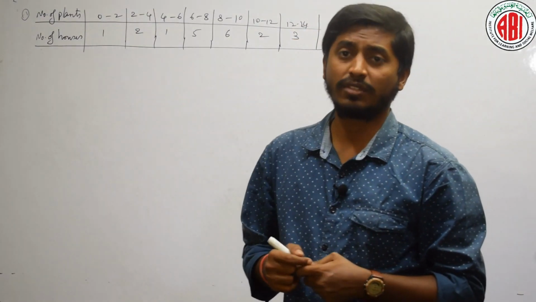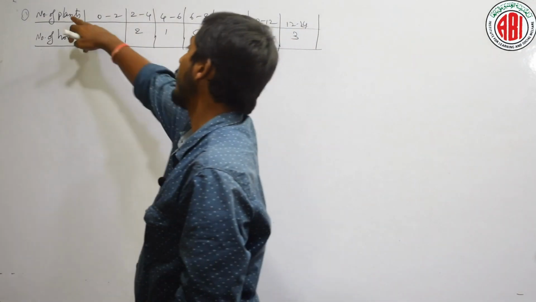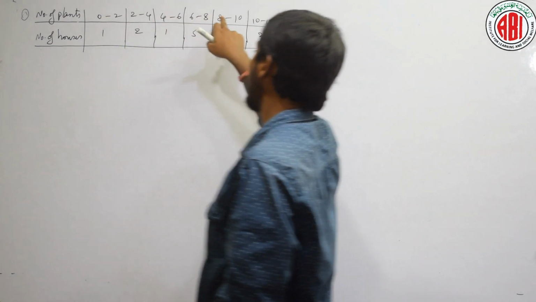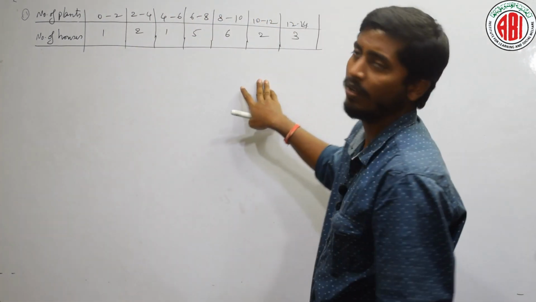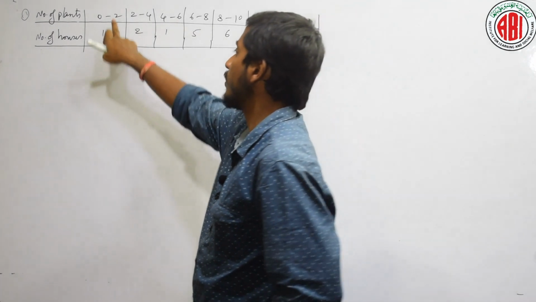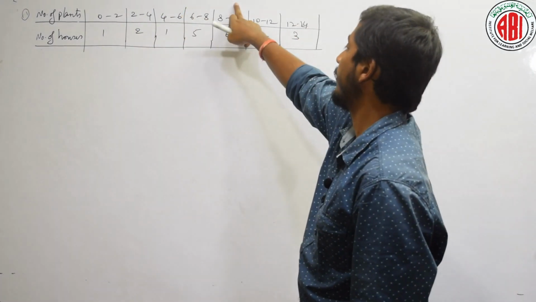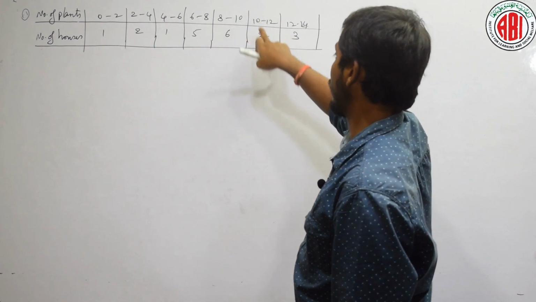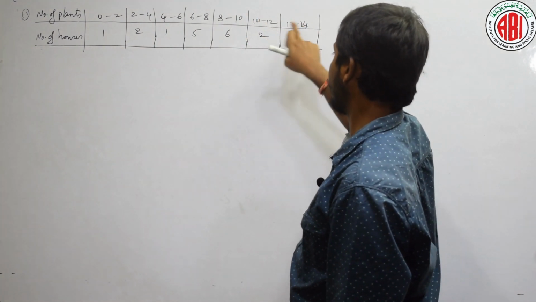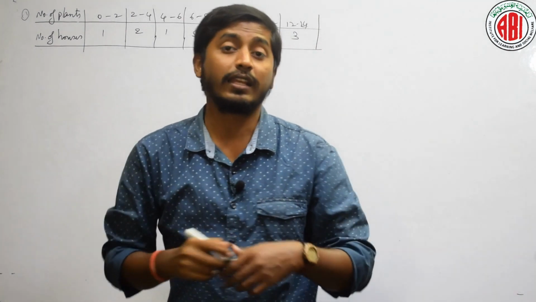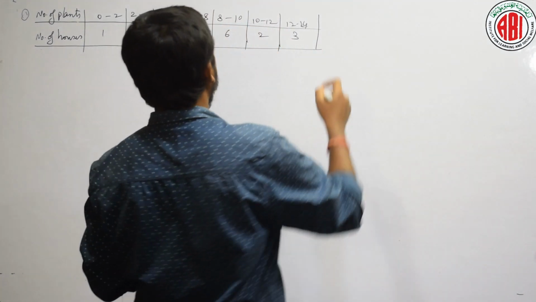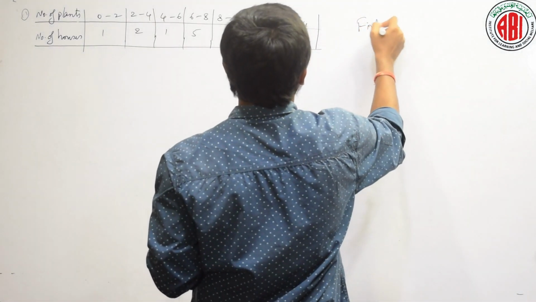Now see the question here. He gave number of plants 0 to 2, 2 to 4, 4 to 6, 6 to 8, 8 to 10, 10 to 12, 12 to 14, and number of houses from 0 to 2 is 1, 2 to 4 is 2, 4 to 6 is 1, 6 to 8 is 5, 8 to 10 is 6, 10 to 12 is 2, 12 to 14 is 3. Okay. Then he is asking us to find the mean, right.